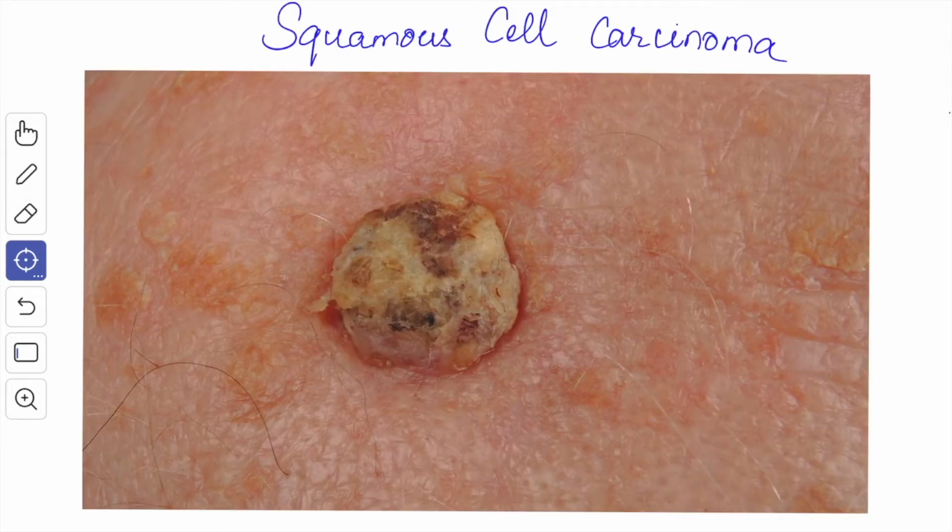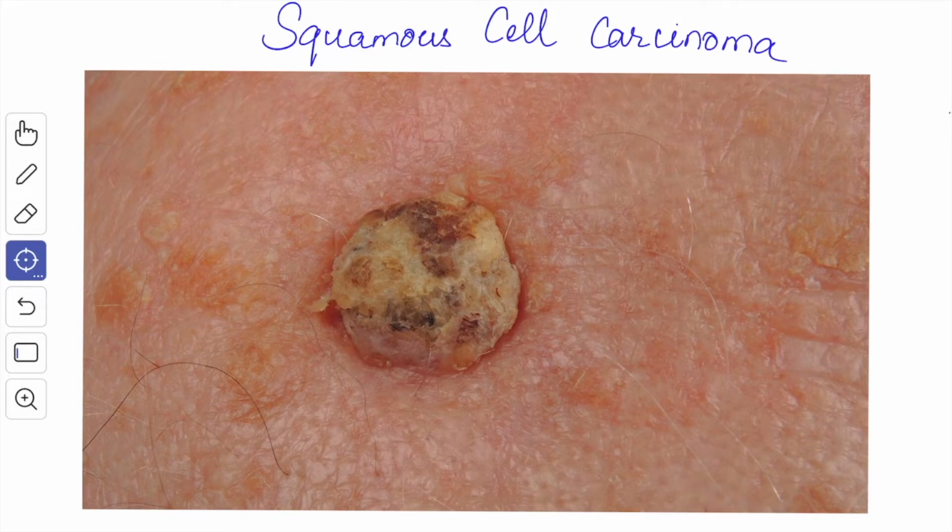Next we'll see about the squamous cell carcinoma. It affects the squamous cells of the stratum spinosum. The squamous cell carcinoma may arise in any part of the skin and the mucous membrane lined by squamous epithelium, but it is more likely to occur on sun-exposed parts in older people.